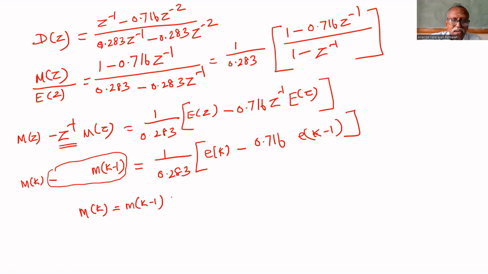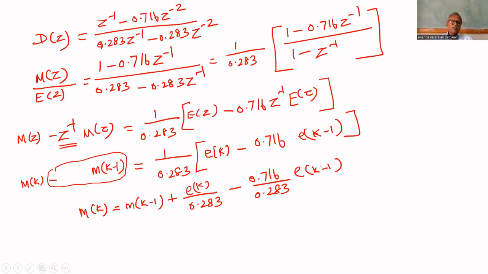So M of k equal to M of k minus 1 plus E of k, error divided by 0.283, minus 0.716 divided by 0.283 E of k minus 1. So if you know the error at the sampling instant, we can find the controller output. This is to visualize the controller output. But for simulation, you can directly enter in terms of Z domain. This is to visualize.